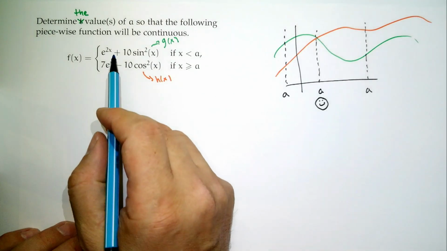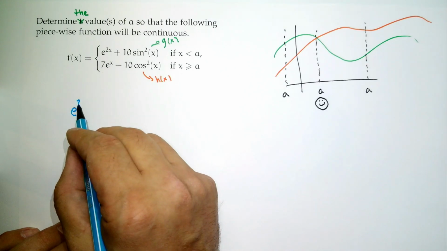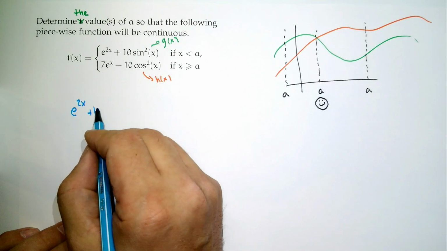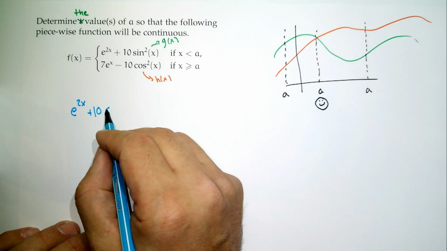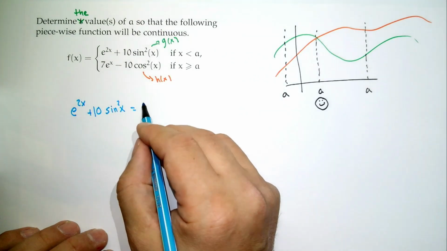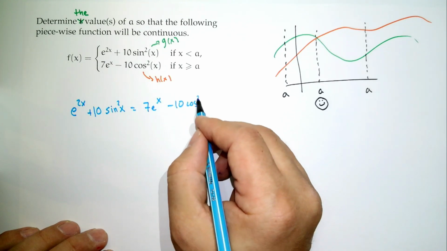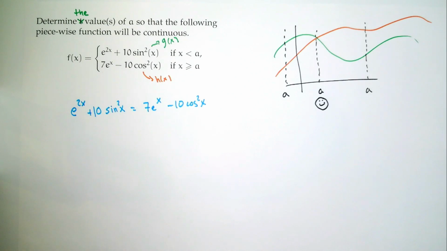So the question is, where do these two line up? Now, it looks a little bit daunting, but nevertheless, we forge ahead. e to the 2x plus 10 sine squared x is equal to 7 e to the x minus 10 cosine squared of x. All right.